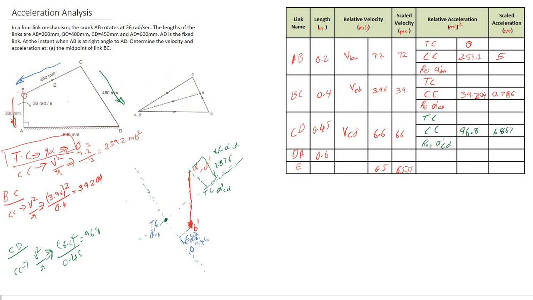This intersection point is C dash. The vector joining B dash C dash will be the acceleration of C with respect to B. The direction is like this, and like this for the tangential component.